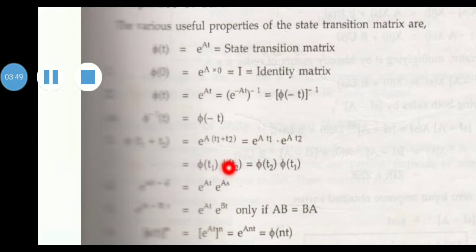The fourth property is e raised to a into (t plus s) is equal to e raised to at into e raised to as. Fifth property is e raised to (a plus b) into t is equal to e raised to at into e raised to bt only if ab is equal to ba.